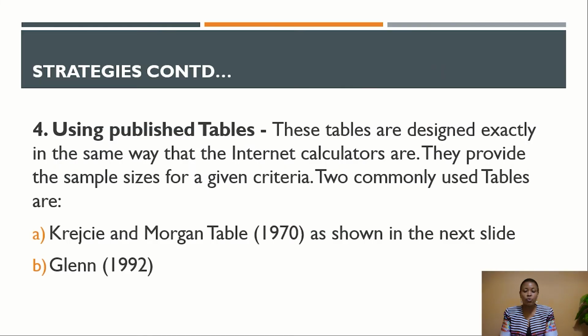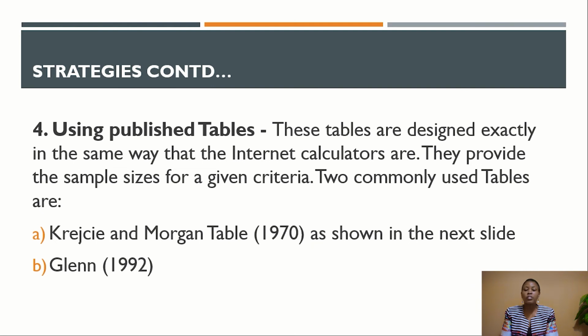Another strategy that you can use is using published tables. These tables are designed exactly in the same way that the internet calculators are. This is another method that is highly scientific, and they provide the sample sizes for a given criteria.